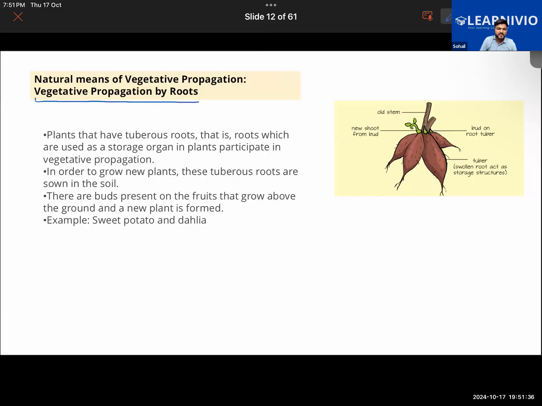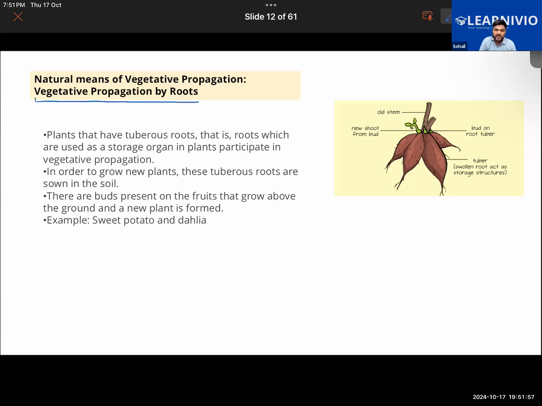So we get to see that there are some plants that have tuberous roots. So the question is, what are these tuberous roots? Tuberous roots are basically the swollen roots, modified to store food.